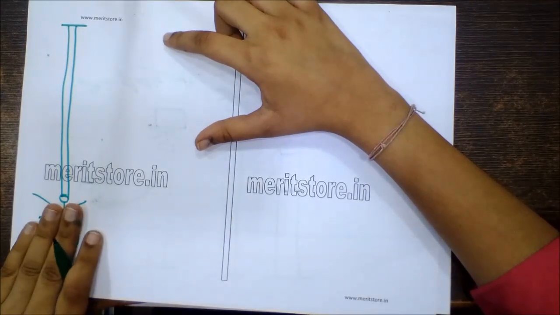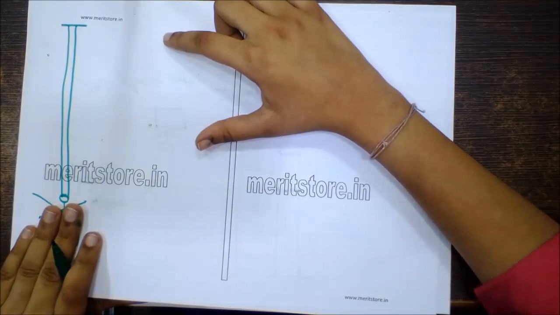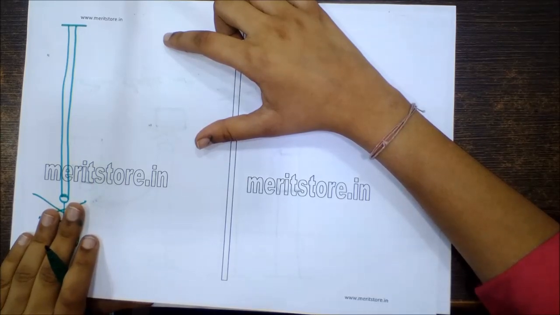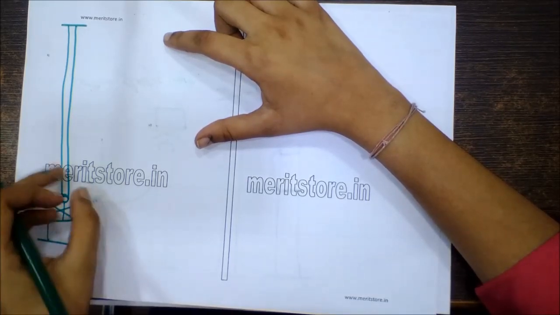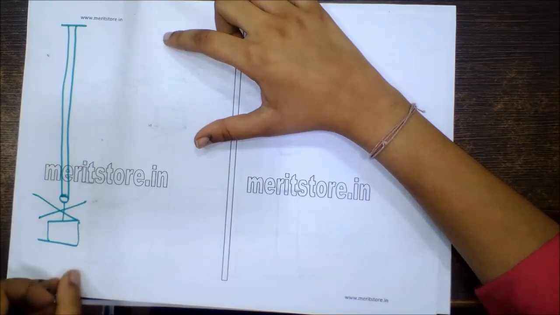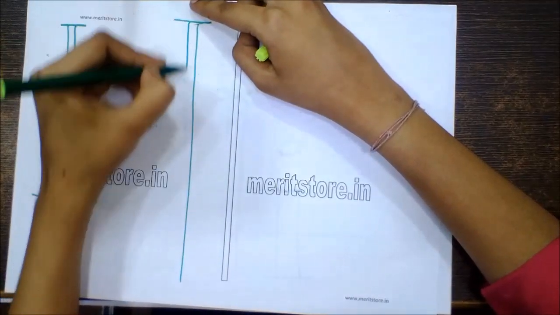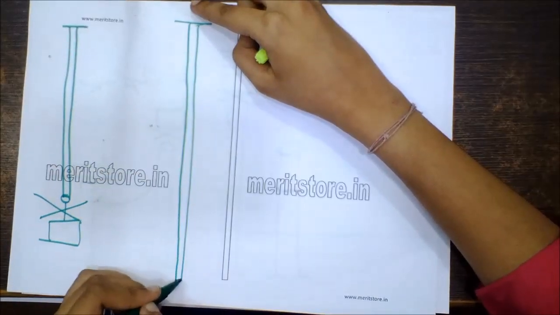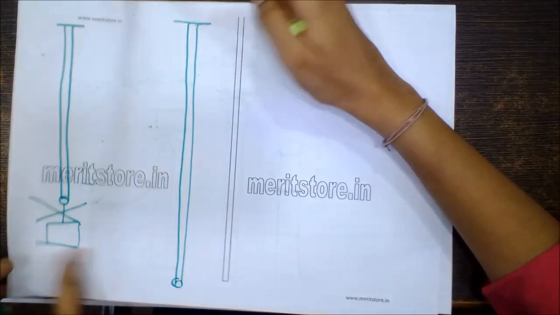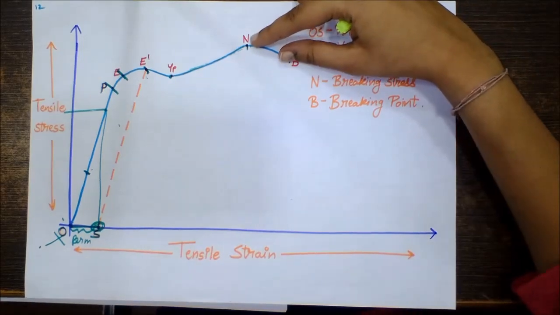My weight is completely removed, but since it is at the point N, that is at the point of the breaking stress, it will elongate by its own self. Without the weight, it will elongate, and on its own it will break. So N is the breaking stress.